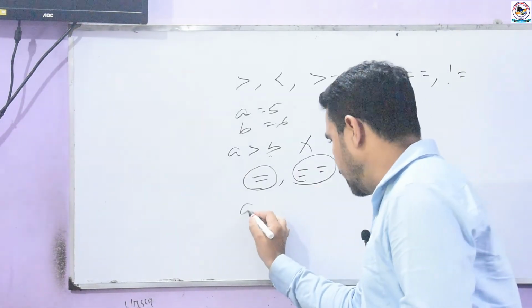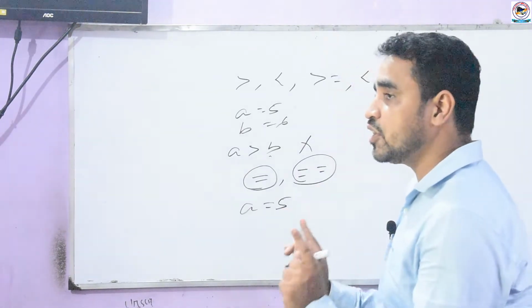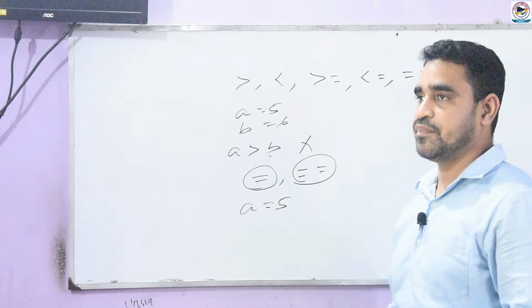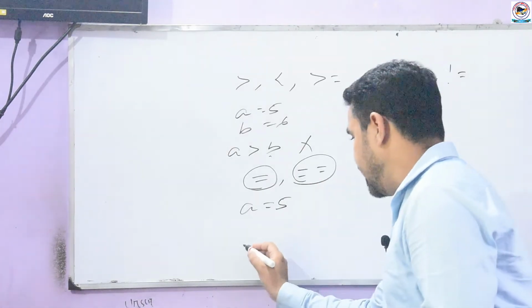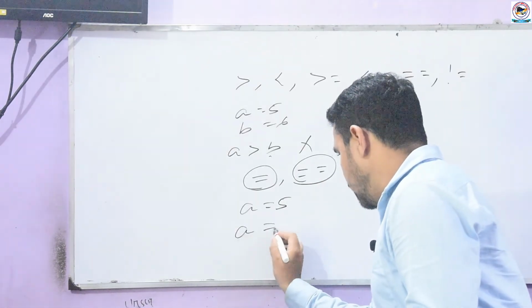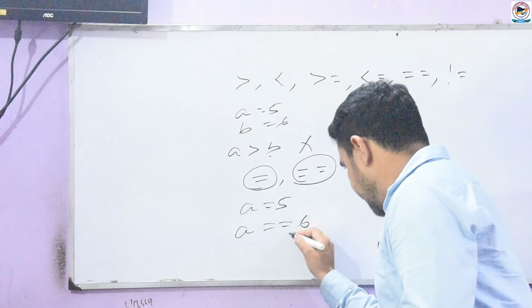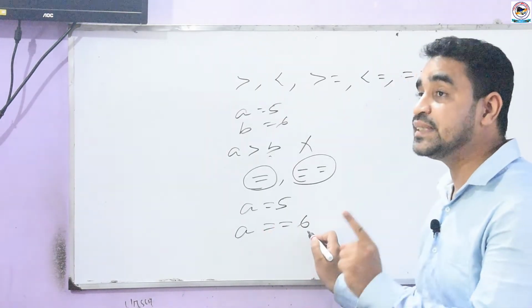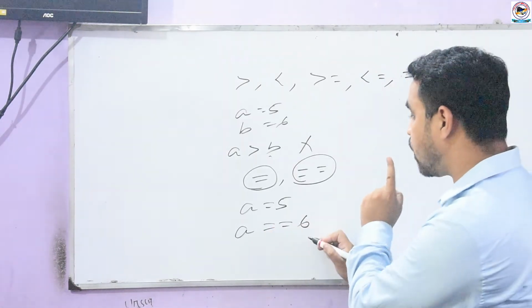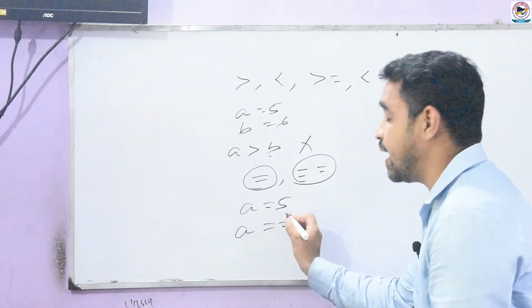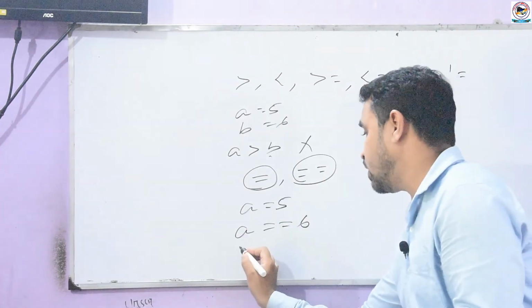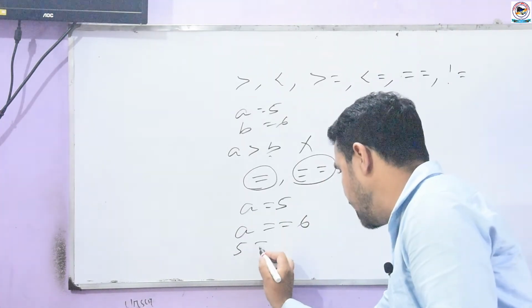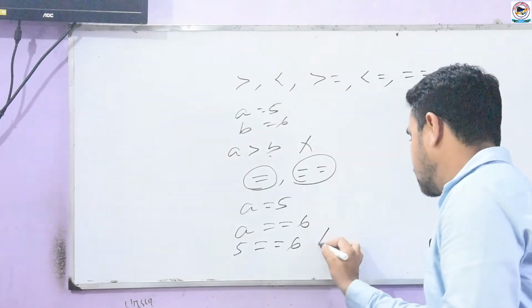For example, if we write A is equal to 5, here the value of A is 5. If we write A double equal to 6, here the value of A is compared with 6, it may be true or false. Here the value of A is 5, 5 double equal to 6, it is false.